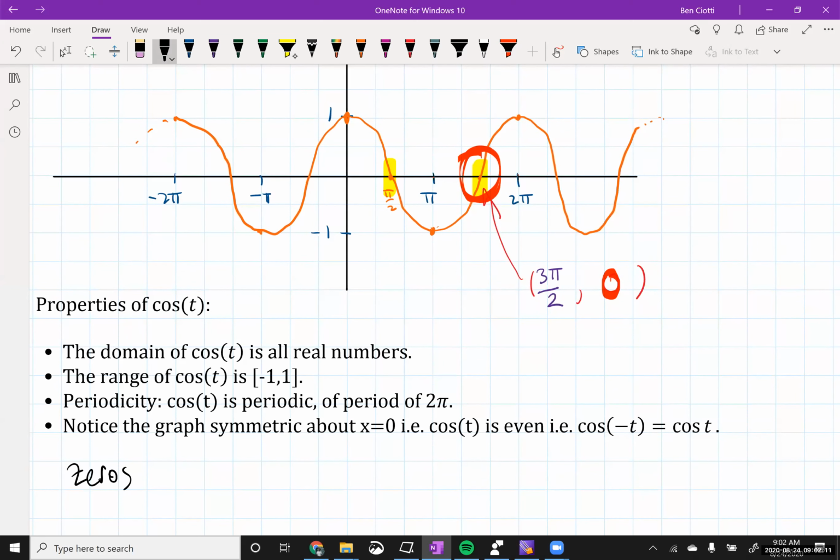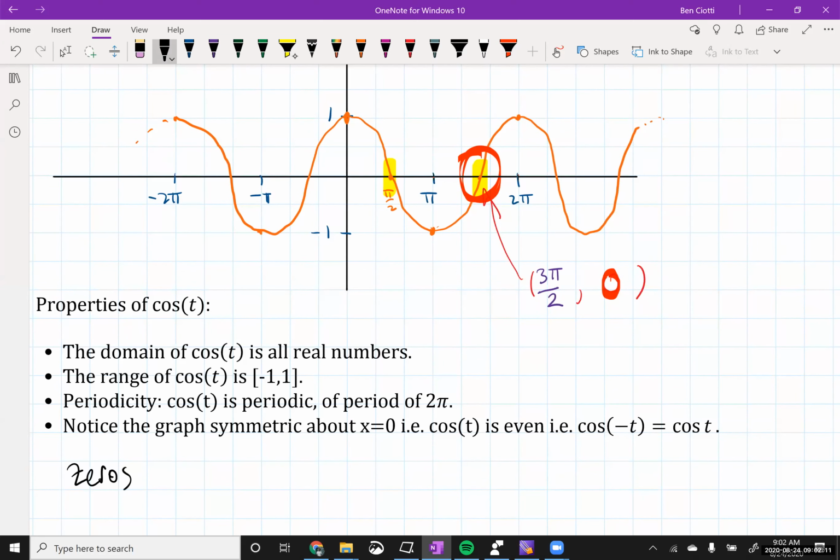It's useful to think about what happens to the period in this situation. So remember that the period, that means how often does it repeat? The period of cosine x is 2 pi. Now, I want to figure out the period of cos 2x.